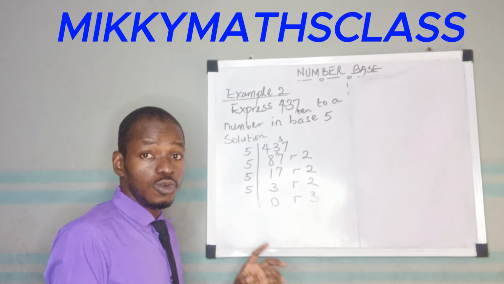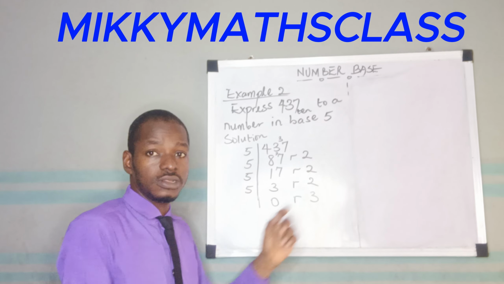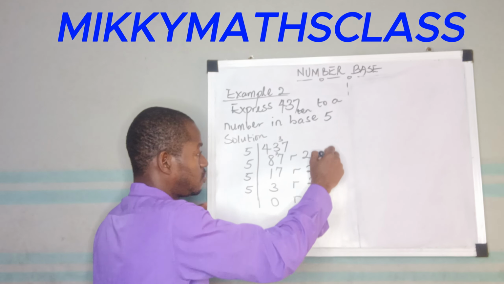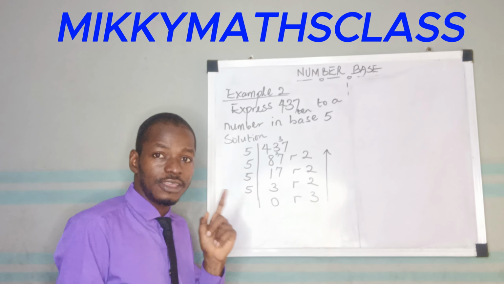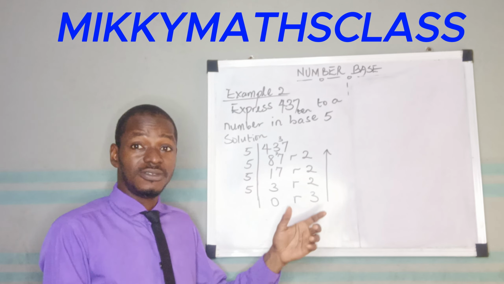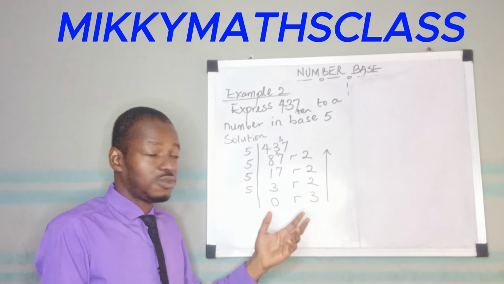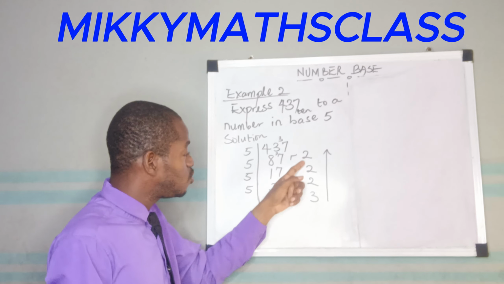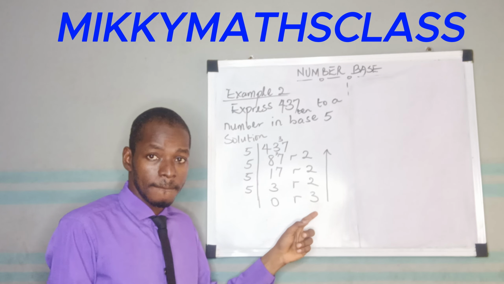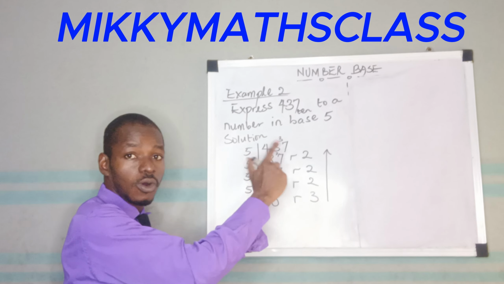Now the next thing we do, don't forget, we'll read it downwards, upwards. So down, up. You draw your arrow so that you don't make that mistake. Some students might make the mistake of reading it downwards, upwards, and in some exam scenarios, you will see this answer there, 2, 2, 2, 3. So don't make that mistake. It's from down to up.